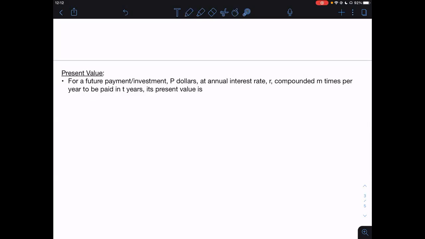Here we know what we want our future value to be. And if we want our future value to be this amount, we want to figure out what the initial investment or loan needs to be. In that equation, we'll still use A to represent that, but in this case, A is representing the present value.